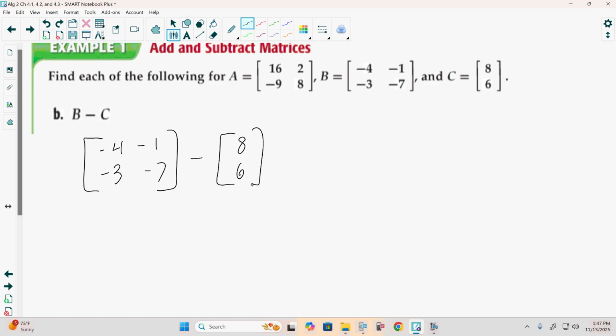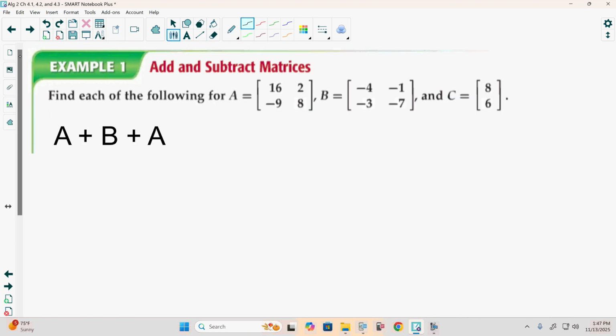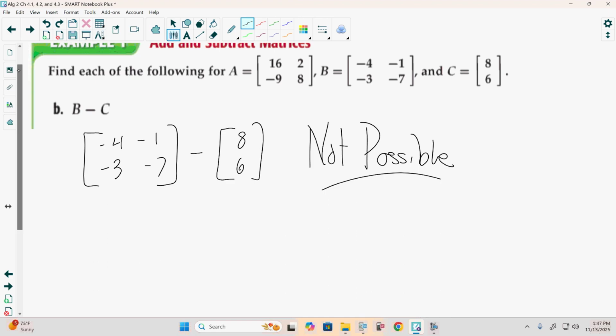Are the dimensions the same? So this here is what? Not possible. Not possible. Can't do it. Questions on this here before we move on?